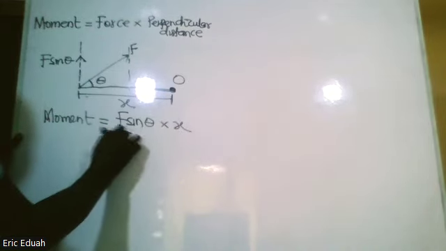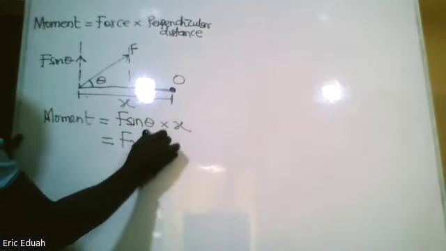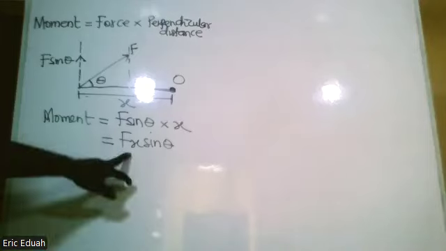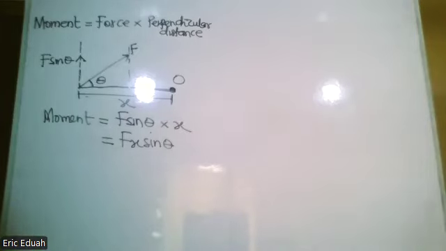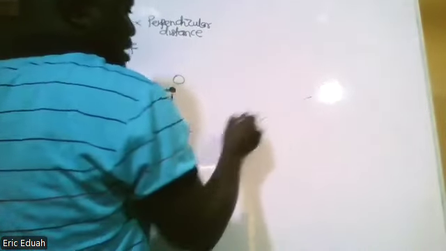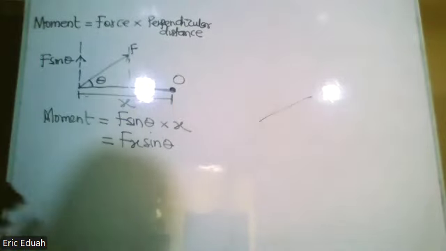Therefore, Fx sine theta. So when a force acts at an angle theta to the distance, this is how to determine it. We can also be given a situation where the force, the distance can act at an angle.